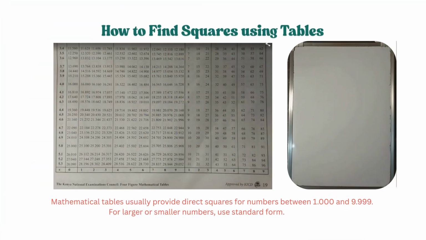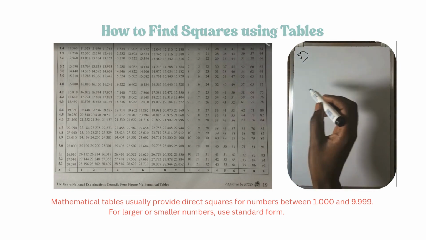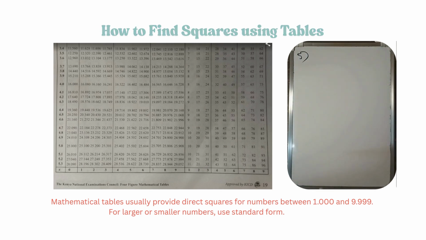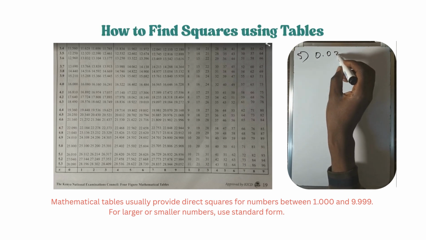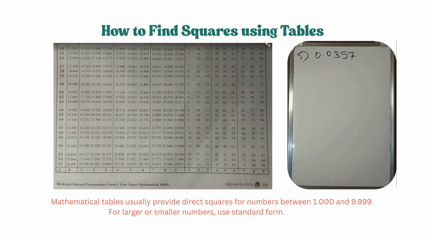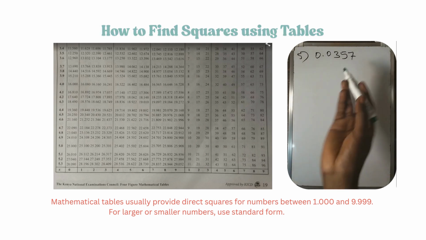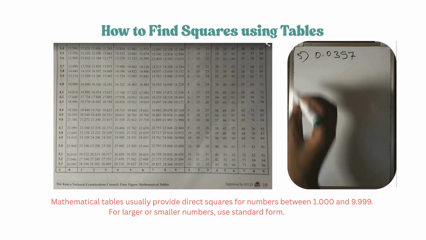Now let's look at the last example of squares, example 5. Let's find the square of 0.0357. Very easy. This number is less than 1, so we can't find the square directly. We'll first transform it to standard form.